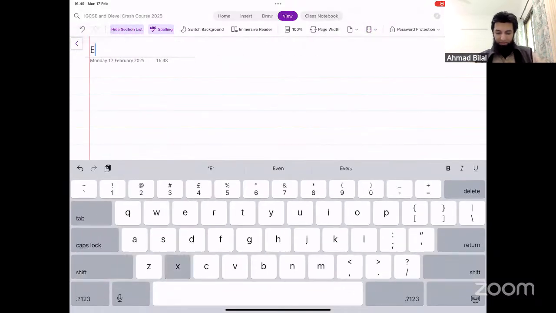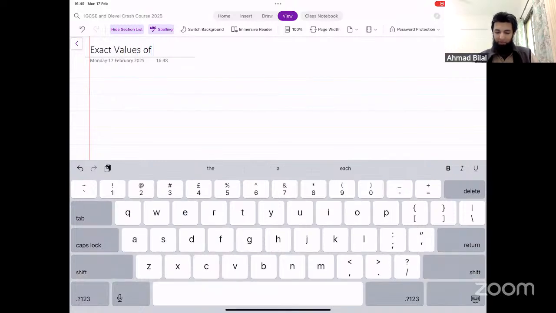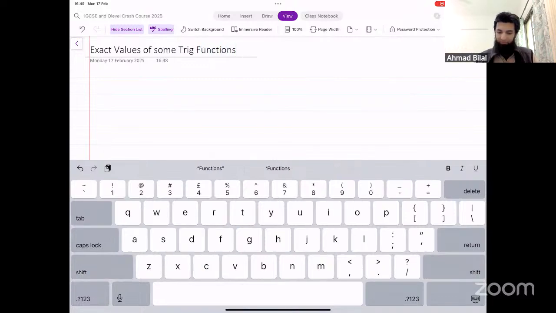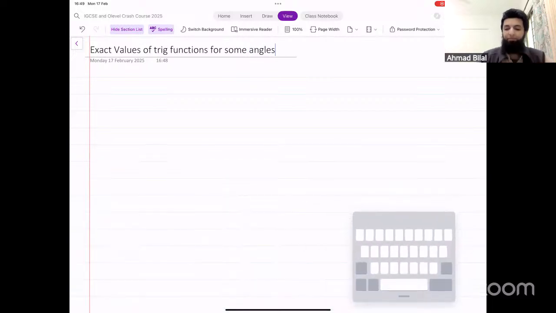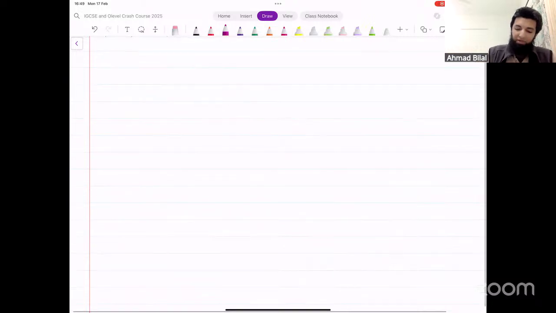Now, the first thing that IGCSE students need to be able to do here is write down exact values of some ratios, exact values of trig functions for some angles. Okay, now what are those angles? Let me write them down.